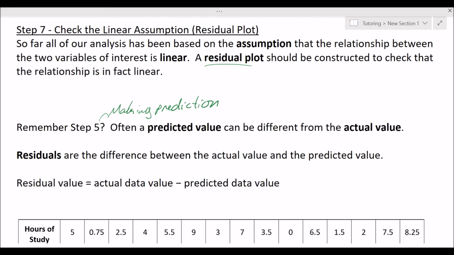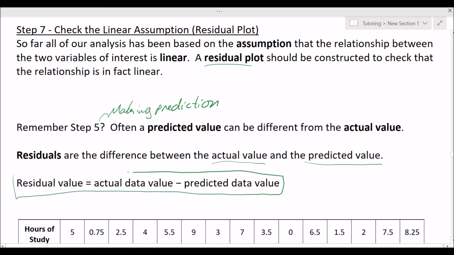Okay, so residuals are what we call the difference between the actual value and the predicted value. And I mean difference literally. We have to subtract. Okay, so you might want to jot down this formula here because it is not on your formula sheet. You have to remember this. Okay, you must recall that a residual value is the actual minus the predicted.